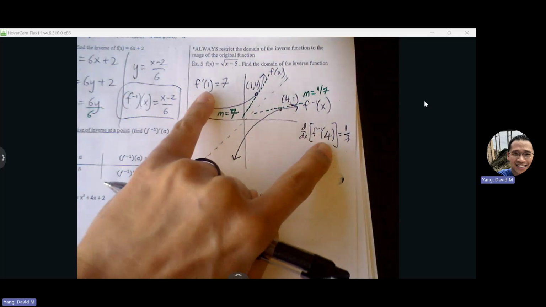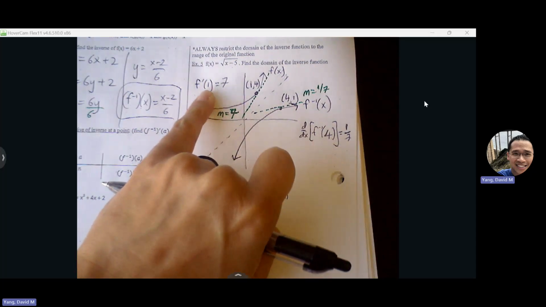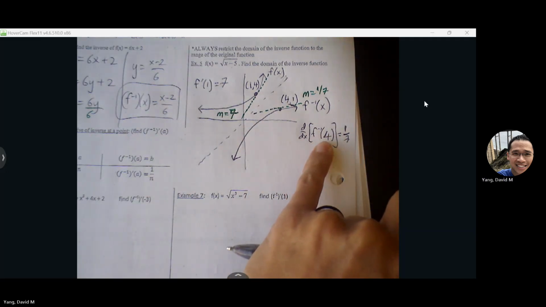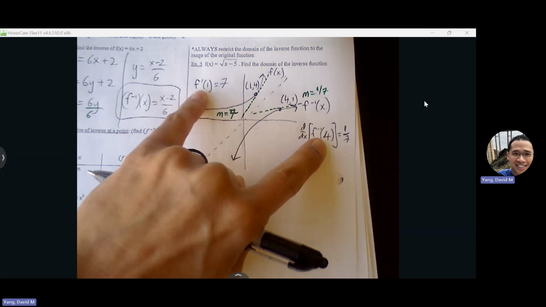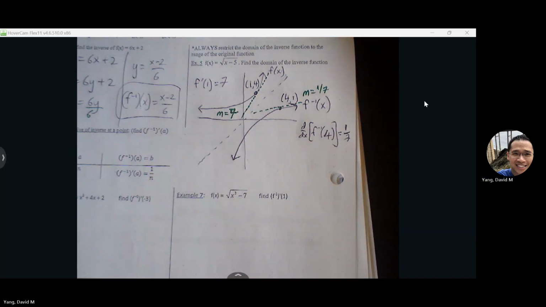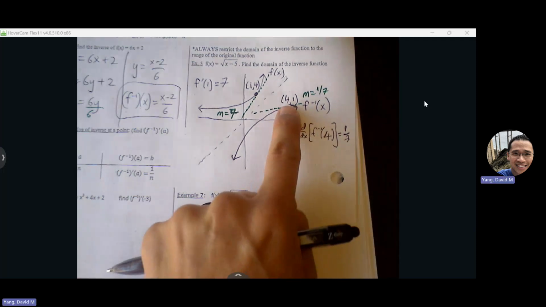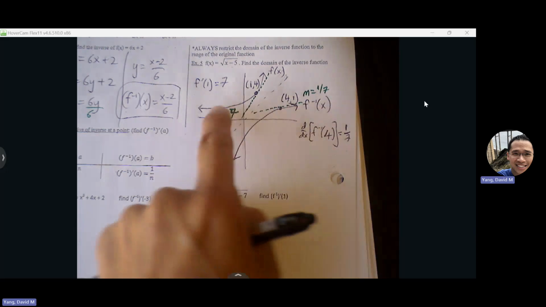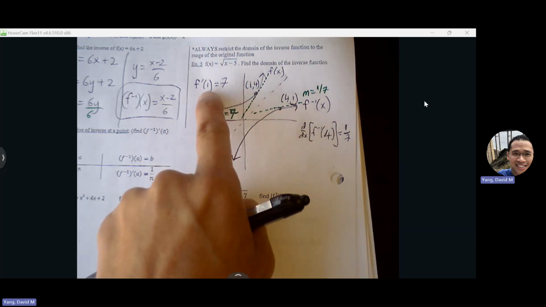Notice that these are corresponding points. The x value for the function is not the same x value for the inverse. But at their corresponding points, we're going to get that reciprocal slope. So basically the derivative of f inverse at 4 is equal to 1/7, but the derivative of f at 1 is equal to 7.